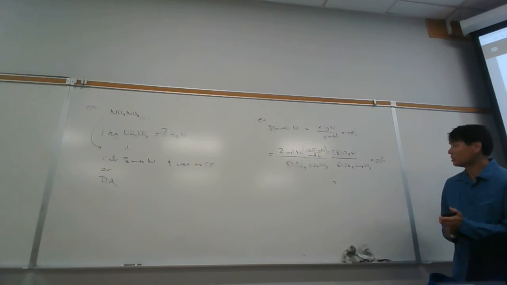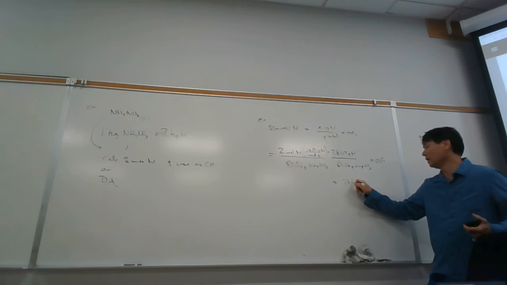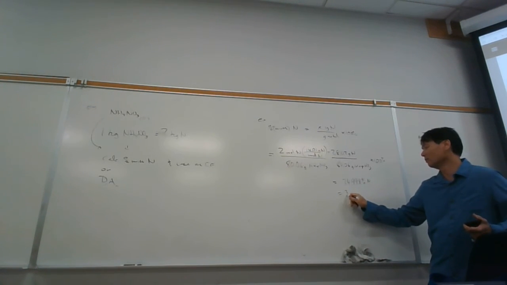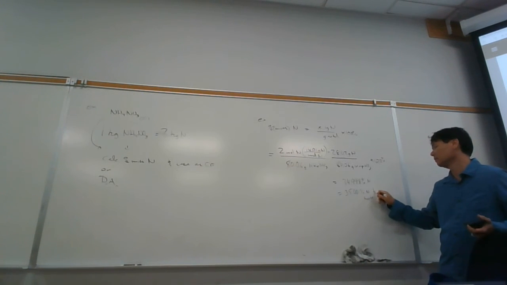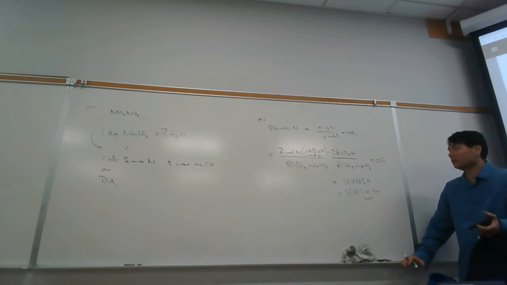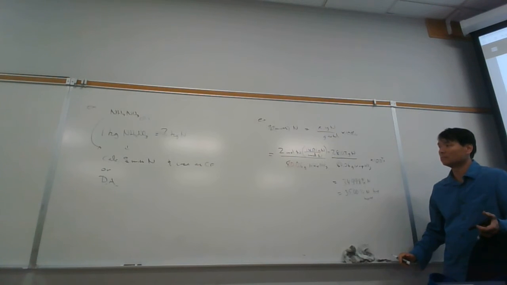We're allowed 4 sig figs, so it comes out to 34.998% nitrogen by mass. We're going to round this up to 35.00% nitrogen by mass. So for every 100 grams of ammonium nitrate, I get 35 grams of nitrogen.